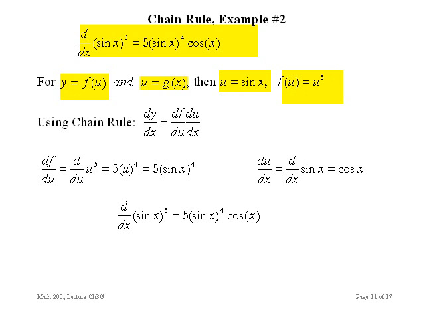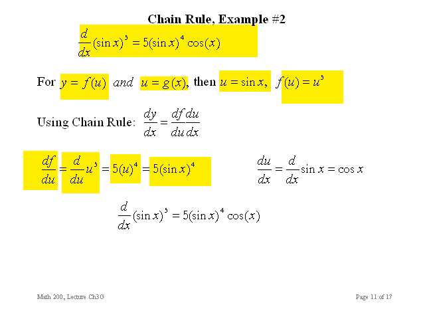So instead of using the x's, I'm using u's. This way I write the chain rule is dy by dx equals df by du times du by dx. Right. So I have to get those pieces. The derivative of f with respect to u is the derivative of u to the fifth, and you know what that is, 5u to the fourth. But I know what u is, so I'll just substitute it.